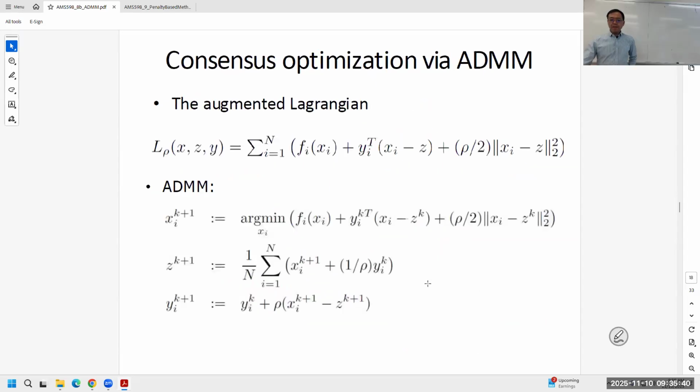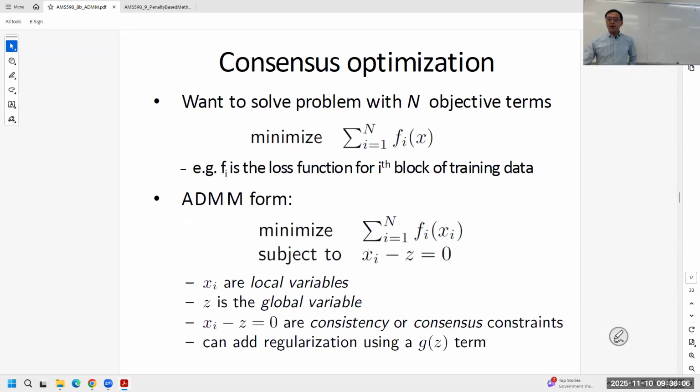With that, we can write our augmented Lagrangian within the ADMM, as written above. Another thing to pay attention to is that your Lagrangian multiplier yi is specific for each segment of data, because your constraint is for each xi, xi minus z.